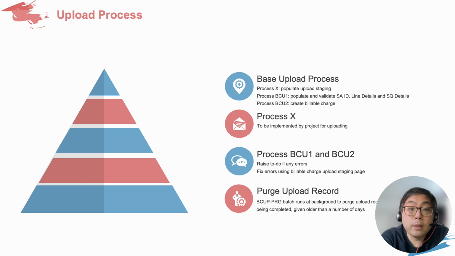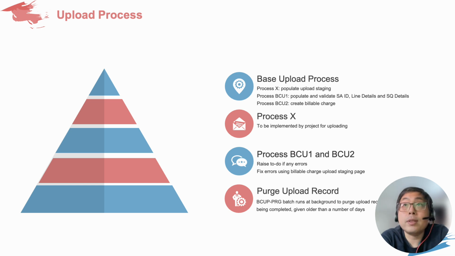The first one is called process X, which means you have to create a batch control to upload from the external system or any kind of folder, maybe a folder on the CCMB C2M server, and load from the file into a staging area.